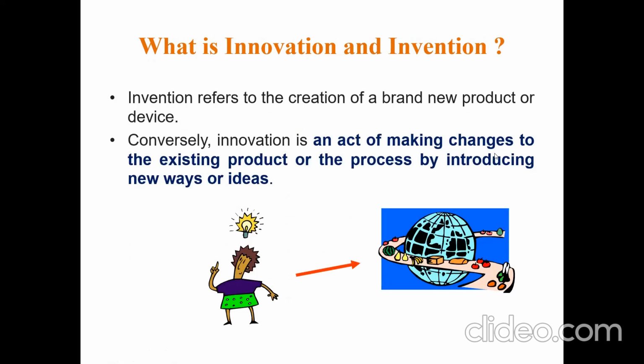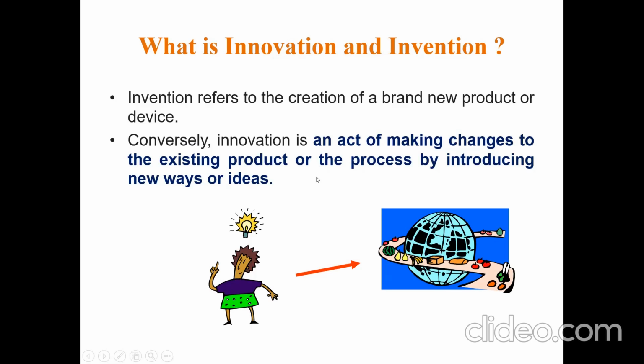So invention refers to the creation of a brand new product or device. That means we are going to create a new one, but it is not existing, right? That is called invention. But innovation, conversely, is an act of making changes to an existing product.